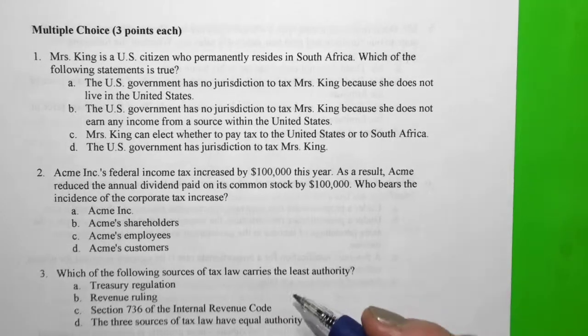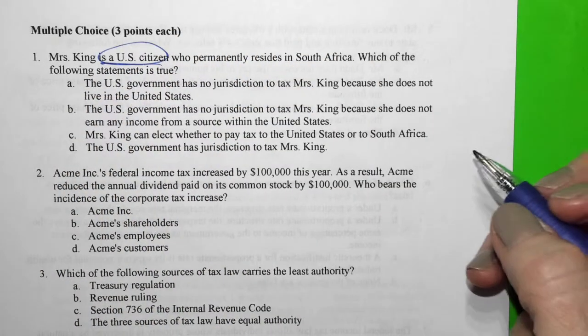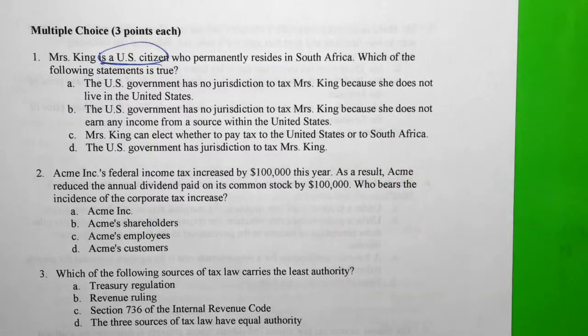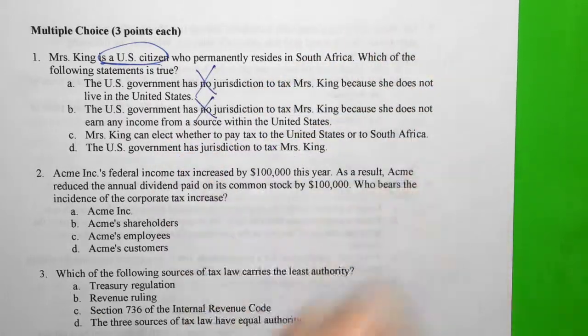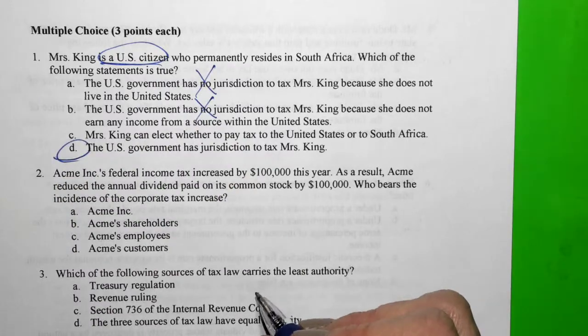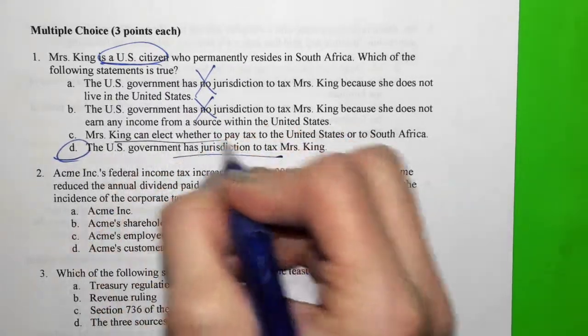This is a U.S. citizen, and the key thing about U.S. citizens is they are taxed on their worldwide income, whether they live in the U.S. or not. So this is false, and this is false because the U.S. government does have jurisdiction to tax, and it's not elective for Mrs. King.